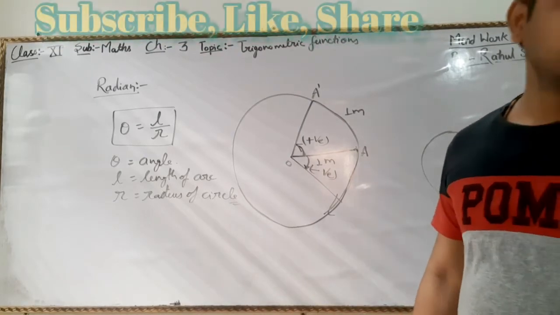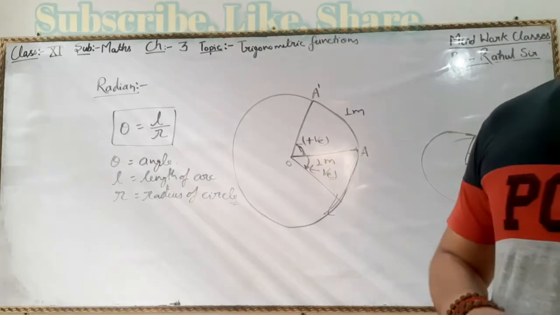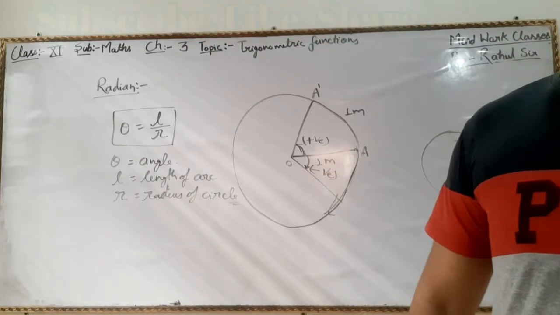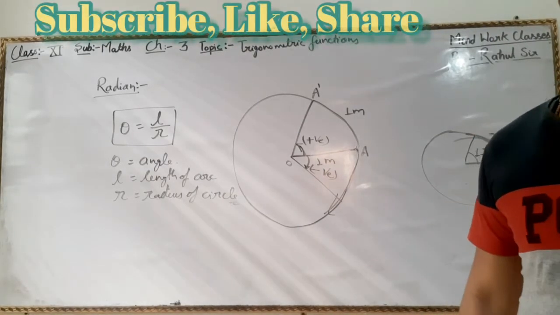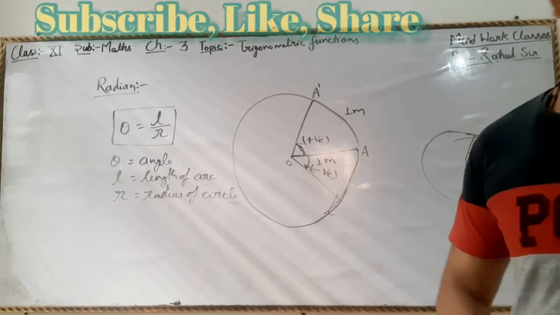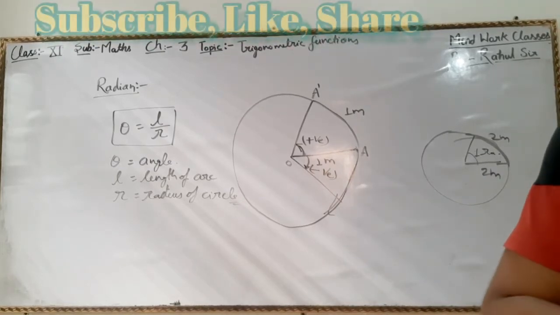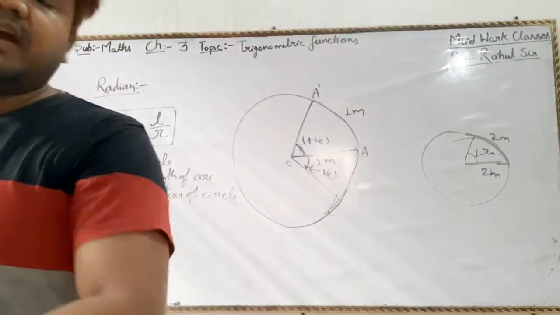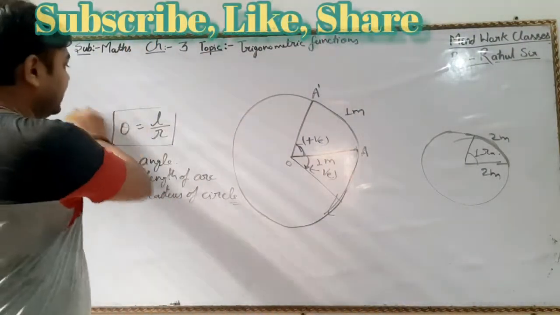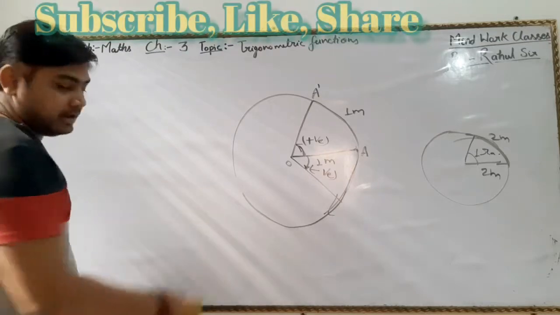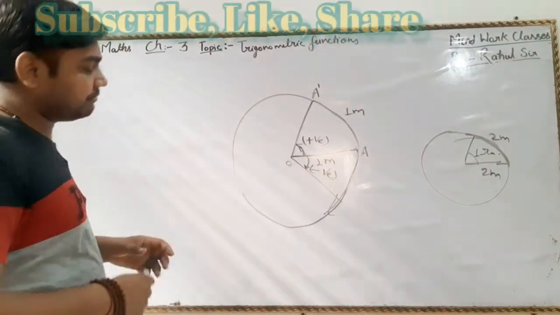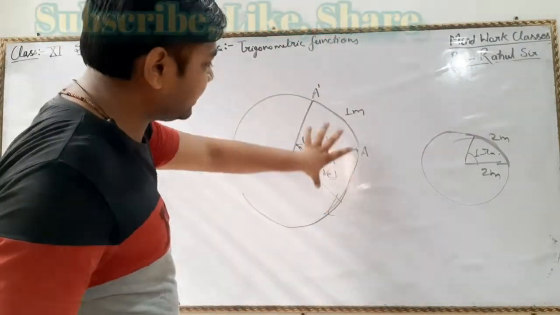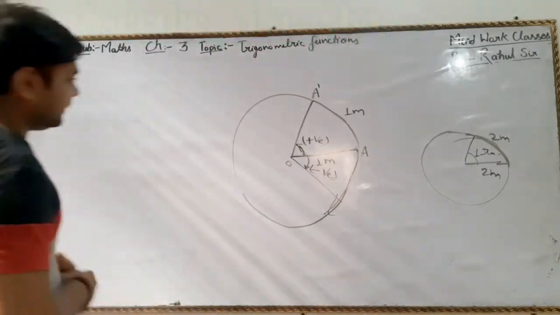Now we are going to understand the relation between degree and radians. Let's understand what is the relation between degree and radians. Consider this circle.